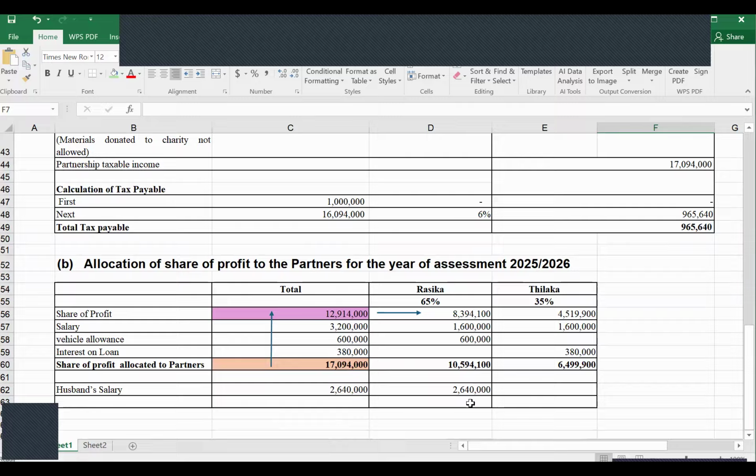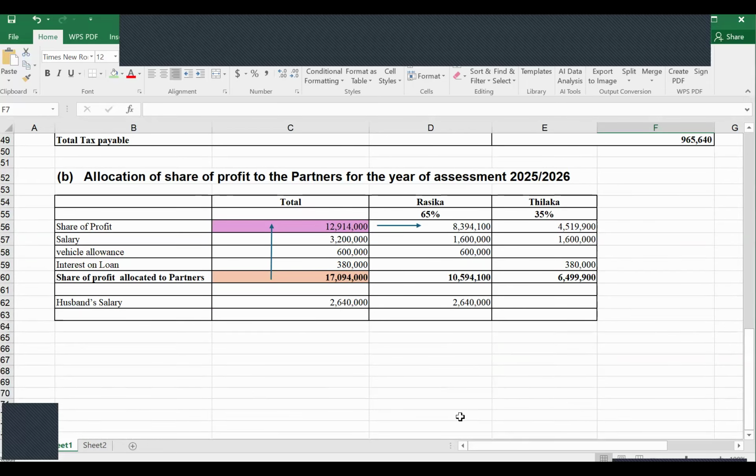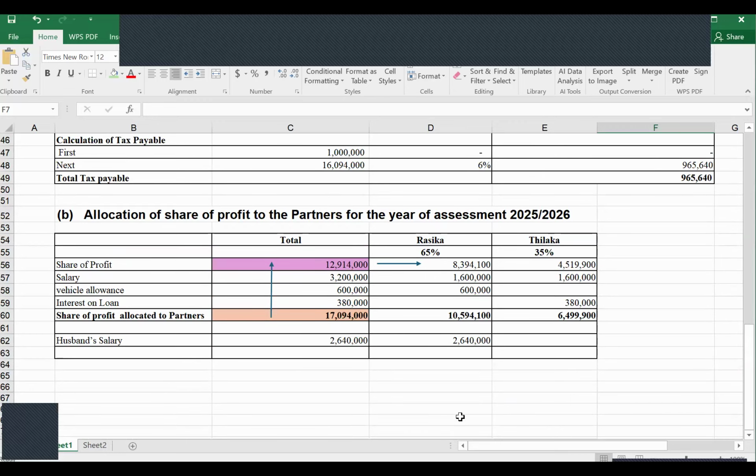Here I have not mentioned whether that tax is paid or not, so you can make an assumption. If you assume that it is paid, credit can be given to Rasika and Tilaka. If you assume that it is not paid, credits cannot be given. It can be decided based on your assumption.